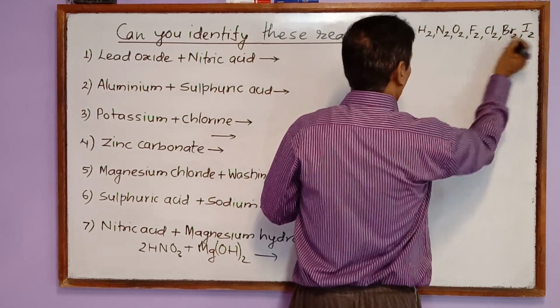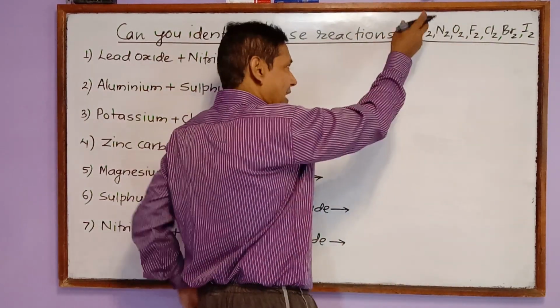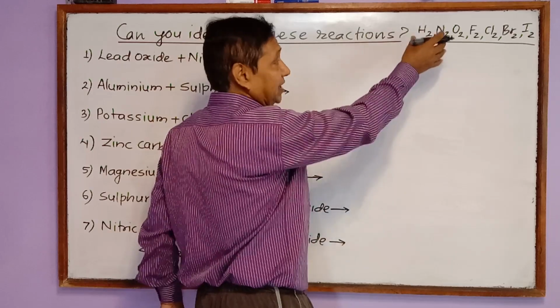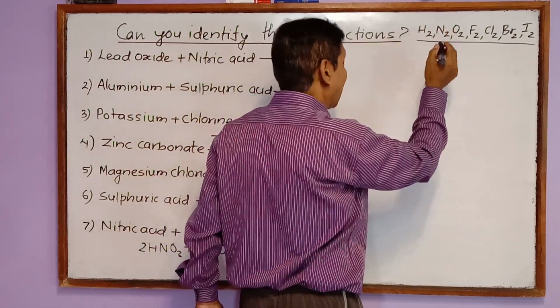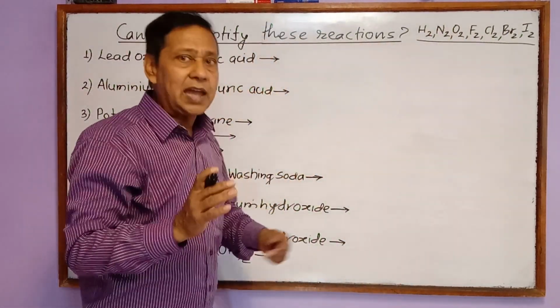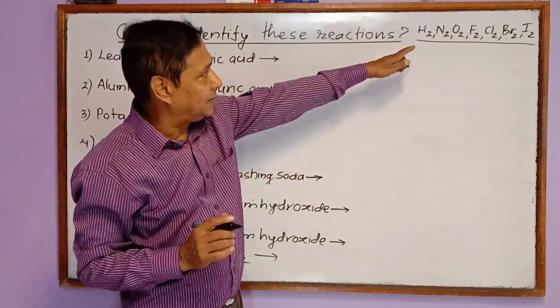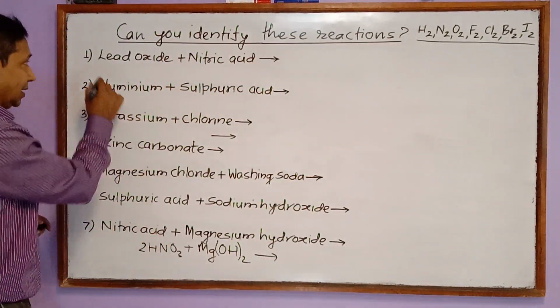What does it mean? Whenever they become free, we write H2, N2, O2, F2 for them, not H for hydrogen, not N for nitrogen. Whenever they become free, they are always in diatomic form. That's why we write them in diatomic form in the chemical reaction.